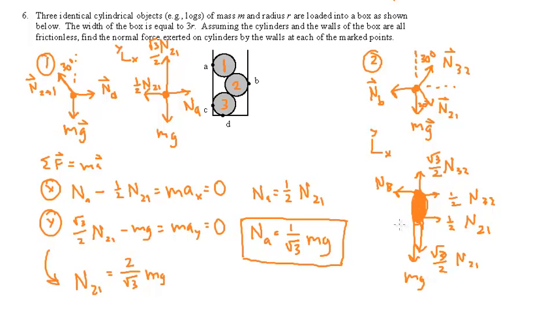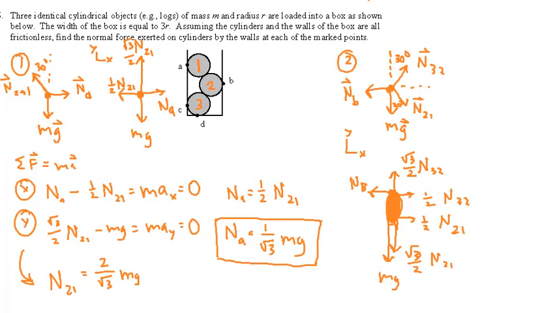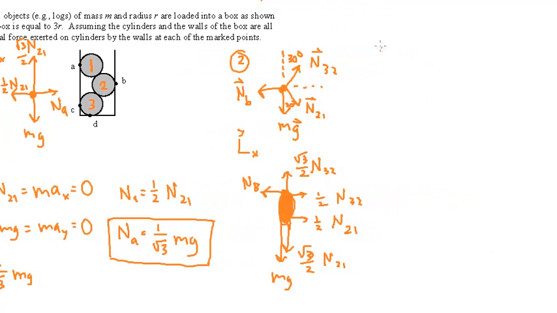Then this is going to be 1/2 n21, since I said 2-1 over there. And then down here, this is going to be root 3 over 2 n21. Then you've got gravity going down. Holy crap, this is harder than I thought. And that is going to be all of it.